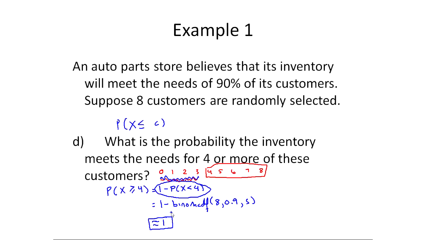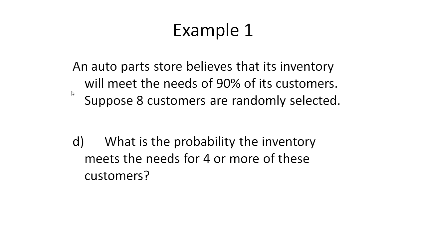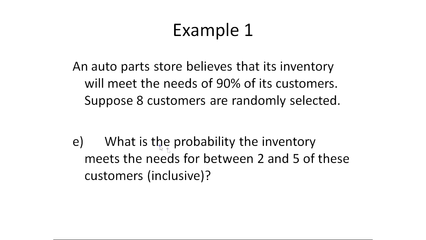Okay, let's take a look at one more thing that could happen that's a little non-standard with binomial probabilities. Now this question is asking, what's the probability the inventory meets the needs for between 2 and 5, and inclusive means we're including these customers. So in probability notation, this is 2 less than or equal to x less than or equal to 5. Now I would highly advise immediately going into our little sketch that we had before.